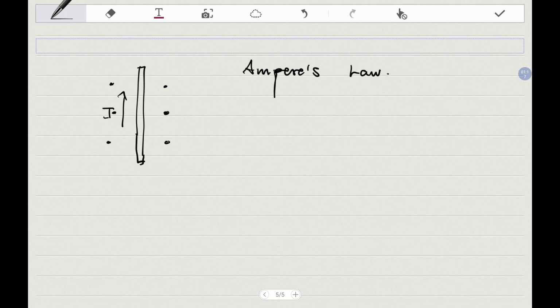The reason we're assuming that it's infinite is because we know that at the endpoints this will produce a non-uniform magnetic field, but at any point that's far away from the endpoints, we're going to have a uniform magnetic field. By saying it's uniform, it's like it's going in a circular form everywhere.